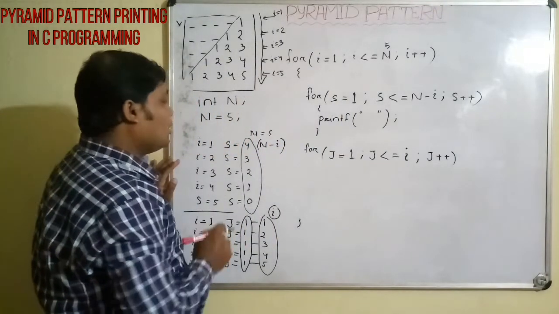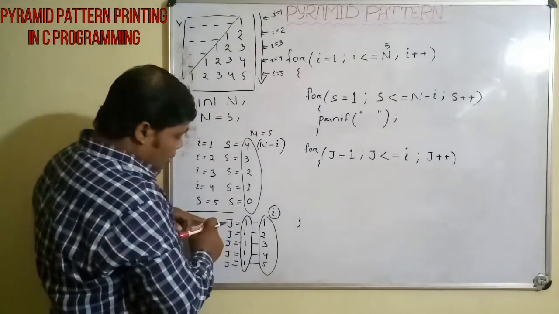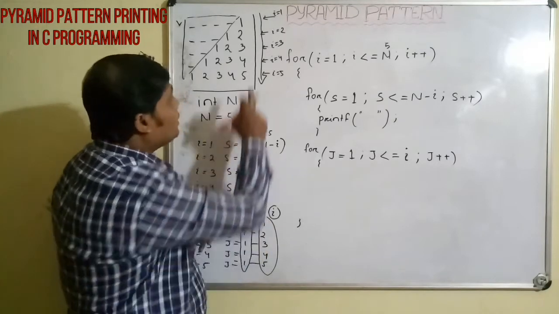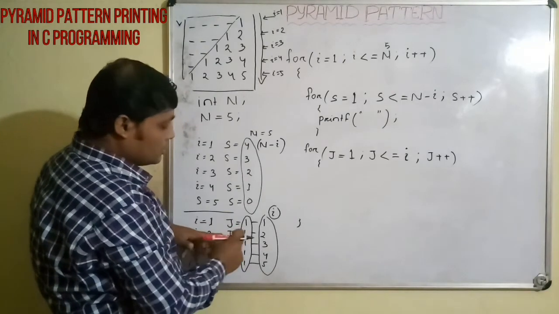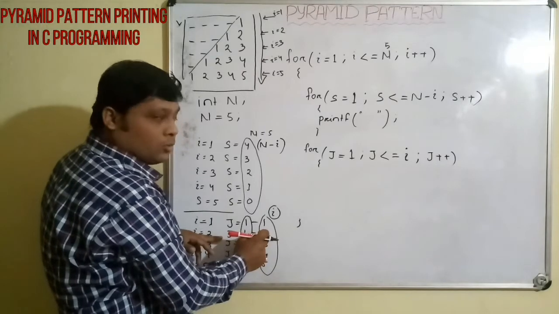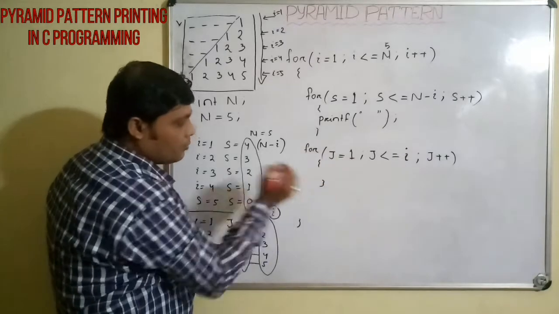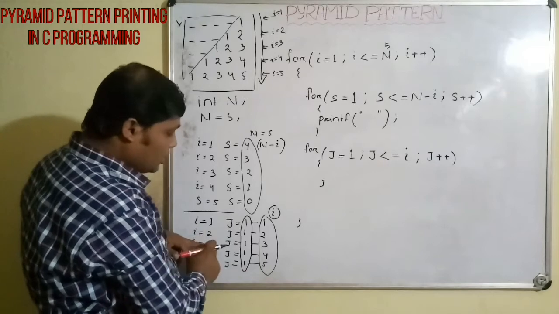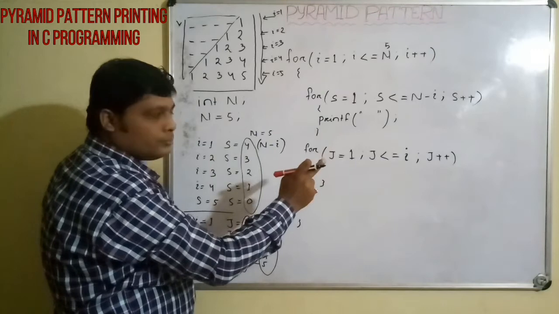Clear? Now, we have to print what? Just see. When i value is 1, j starts from 1 to 1 and printing what? 1. You can see, when i is 2, j will start from 1 and end with 2. It will continue for both values 1 and 2. 2 times the j loop will continue, and it is printing what? 1 and 2. Then when i value is 3, j continues for which values? 1, 2, 3.